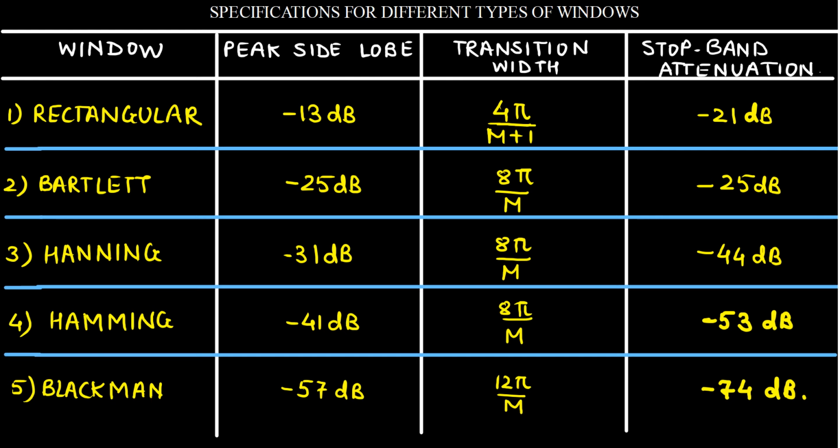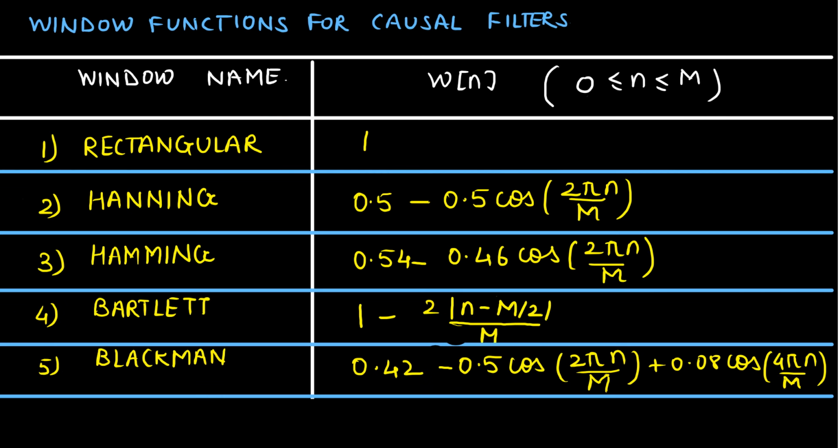If we look at the expression for the Hamming window, we can see that for causal filters, that is n ranging from 0 to M, the Hamming window is given as w of n equal to 0.54 minus 0.46 cos of 2 pi n upon M. So let's use this expression to find w of n.